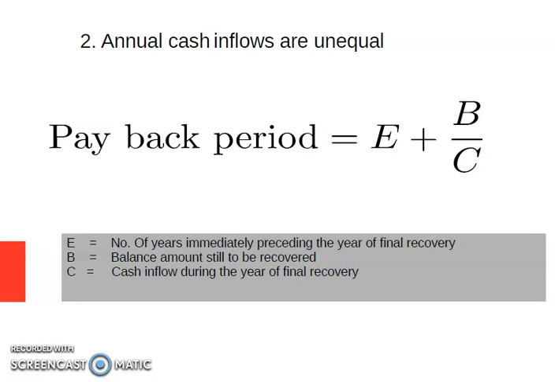In this situation, we have to use this formula: E plus B by C, where E is equal to the number of years preceding the year of final recovery, B is the balance amount still to be recovered, and C is the cash flow during the year the final recovery is made. Okay, we shall better understand this situation with a problem.